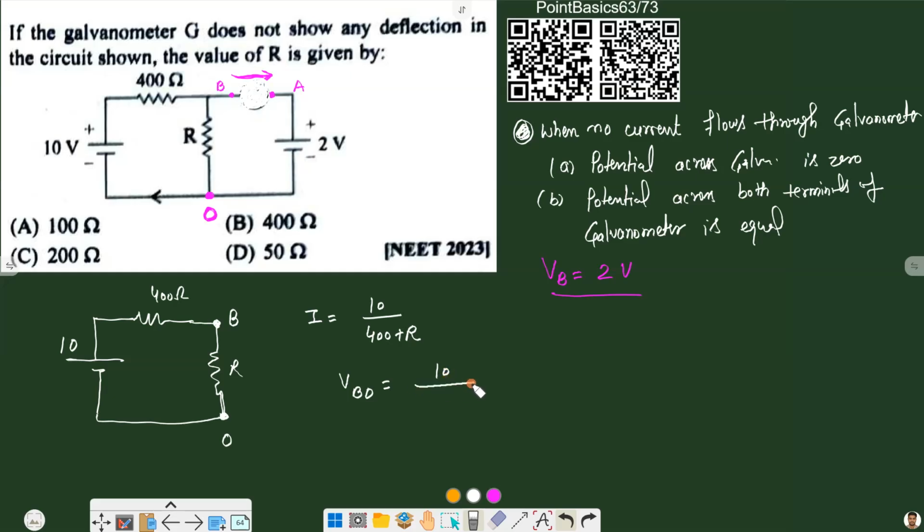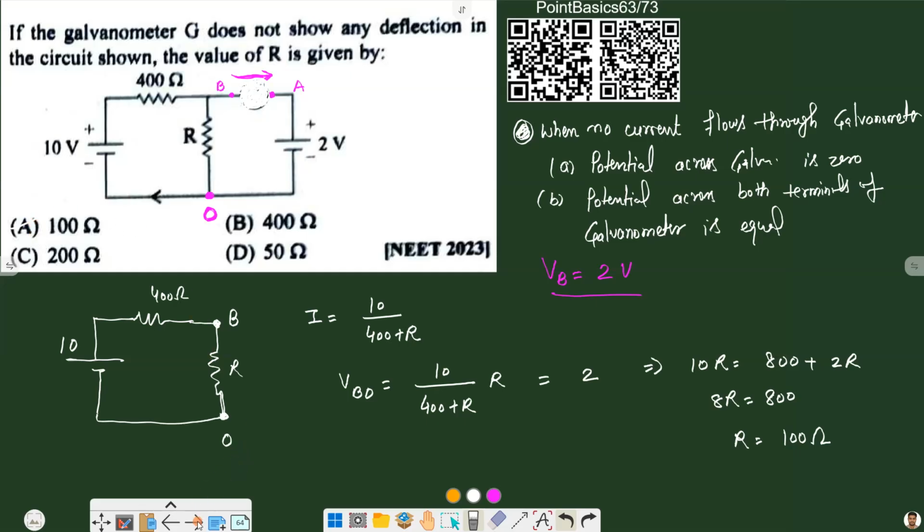So the current is 10 divided by 400 plus R, multiplied by R, and this is given to be 2 volts. Cross multiplying, we get 10R is equal to 800 plus 2R, or 8R is equal to 800, or R is equal to 100 ohms. That is option A for us.